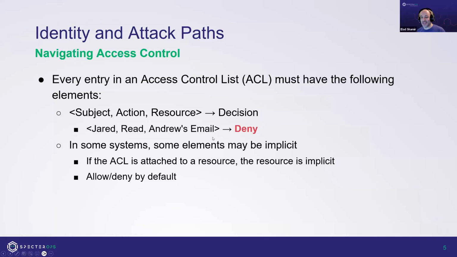For example, if this ACE is attached to the resource, then the resource is implicit, or if it's a policy attached to the subject, then the subject is implicit. Sometimes there's an allow by default or deny by default policy, and then the decision can be implicit. For example, everything is denied unless there is an entry allowing that access in the access control list.